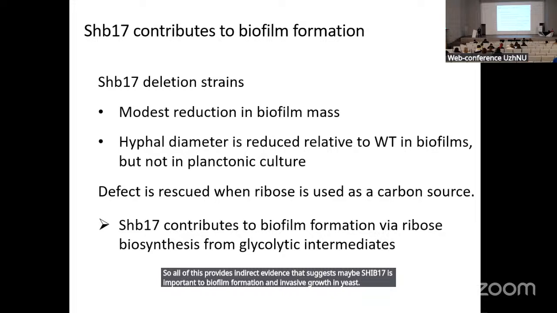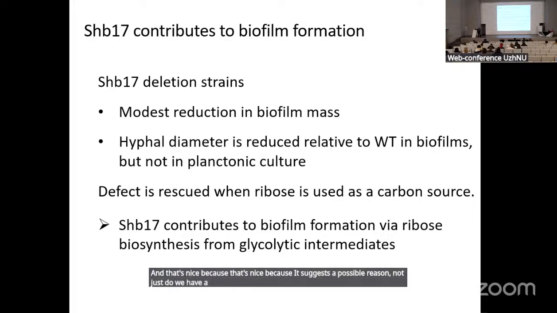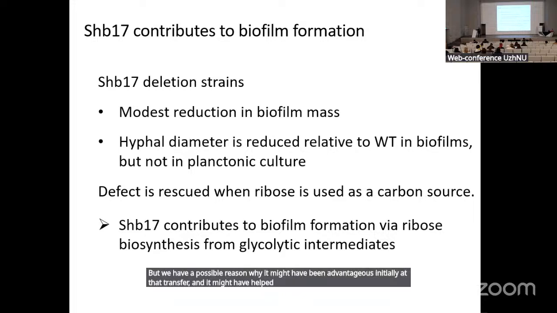And that's nice because it suggests not just a possible mechanism for this horizontal transfer, but a possible reason why it might have been advantageous initially at that transfer. It might have helped fungi to develop this new lifestyle, which in some cases has industrial applications in which it's helpful, and then there are also medical situations where it's a killer.